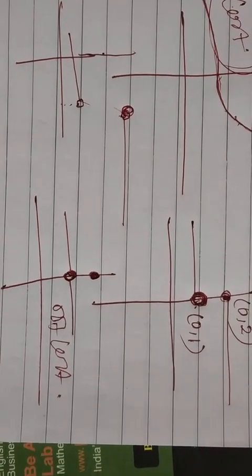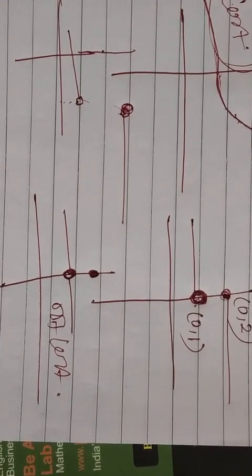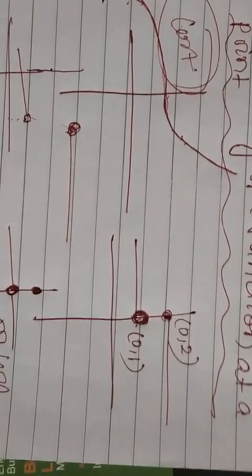Therefore, here it is not continuous. Now from these figures, let us feel the meaning of continuity or discontinuity. So what is the meaning of continuity of a function? The function's graph must be continuous. There should not be any break or any jump in the function.